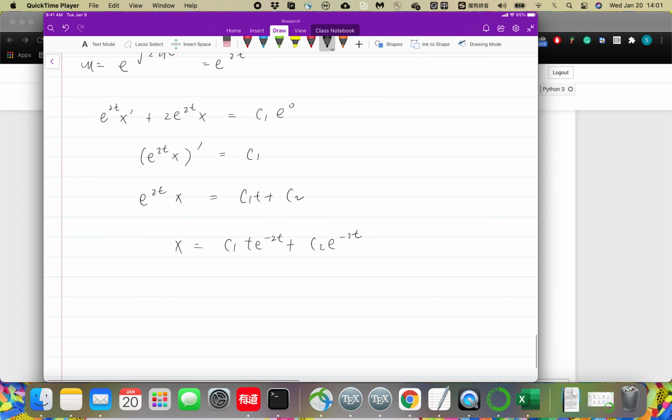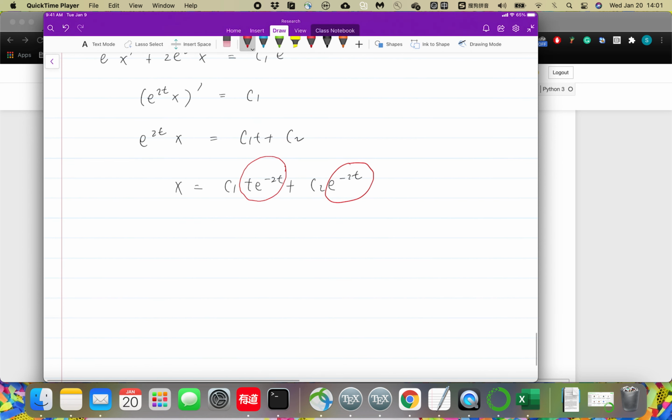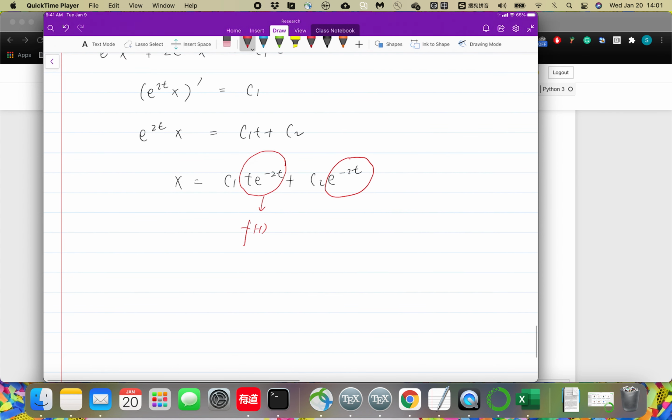From here, you can see, yes, we do see the familiar e to the negative 2t. And just for this example, it suggests that we should also include a term of t e to the negative 2t. So this is a very strong candidate for f(t), at least for this one case. You may have other matrices which do not give you the same answer. But for this case, we already solved it. So this one is definitely a strong candidate.